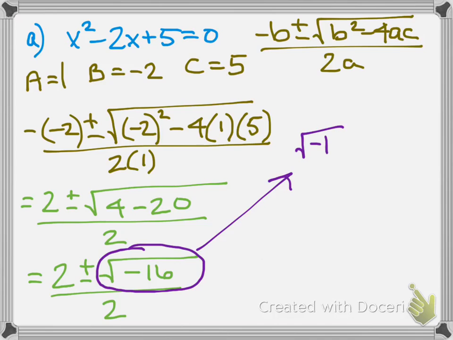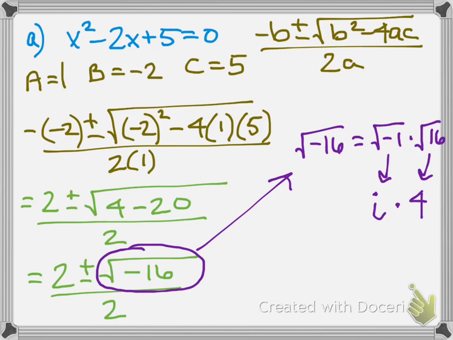So the square root of negative 16, we automatically break it into the square root of negative 1 because we have a number for that now, and that number is i. So what times the square root of negative 1 will give me the square root of negative 16? Well, negative 1 times 16 will give me negative 16. And do we know the square root of 16? Yes, we do.